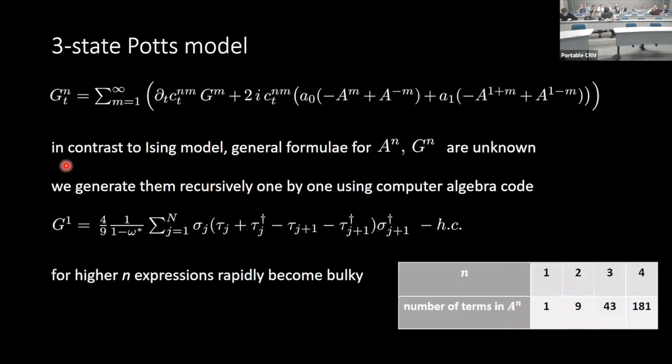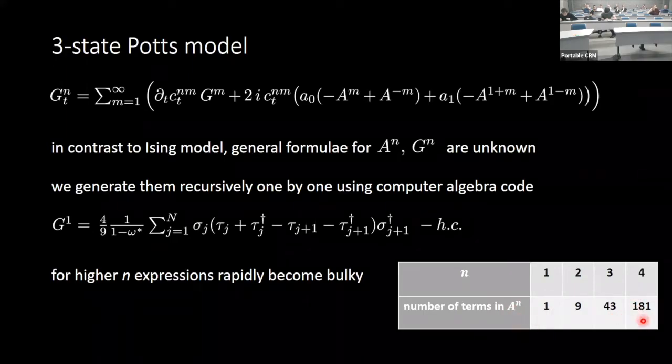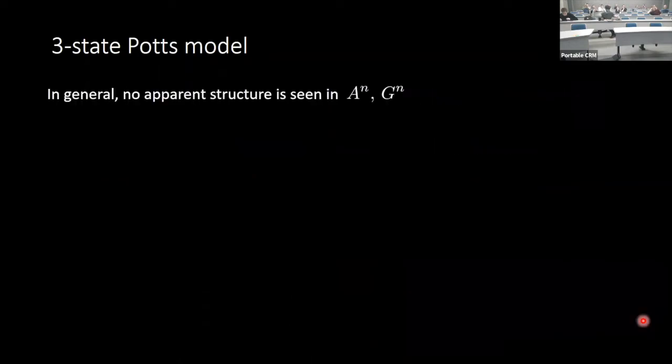The complexity of higher G's and A's grows very rapidly. Here in the table you see the number of non-trivial terms in AN for different n, and even for n equal to 4, it is almost 200. In general, I do not see any apparent structure in this AN and GN.